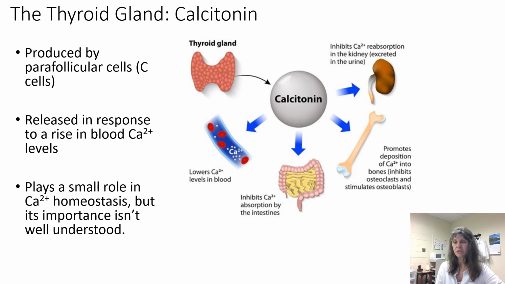It's also believed to inhibit osteoclasts and stimulate osteoblasts. And as you remember, osteoclasts break bone down, osteoblasts build bone. So again, it's also believed to help deposit calcium into bone.